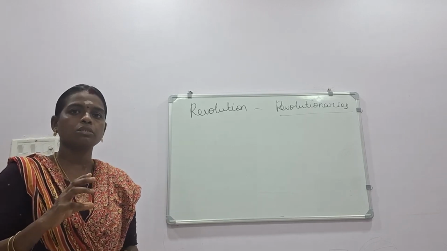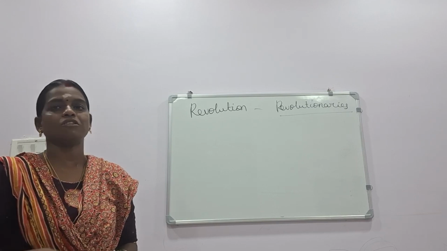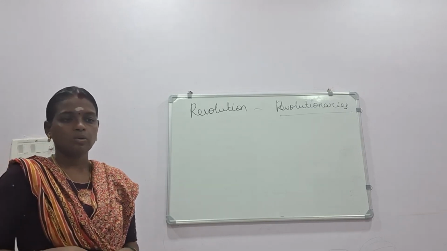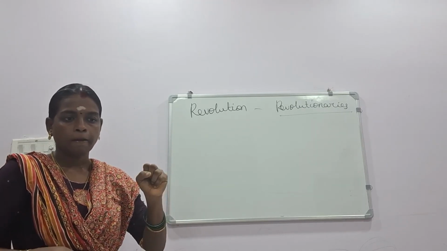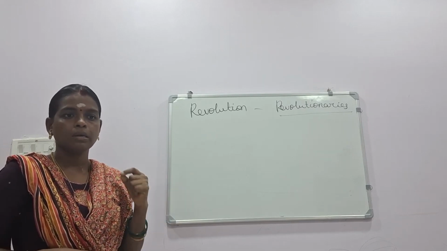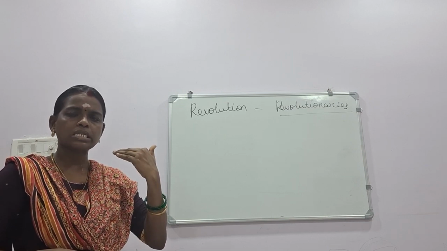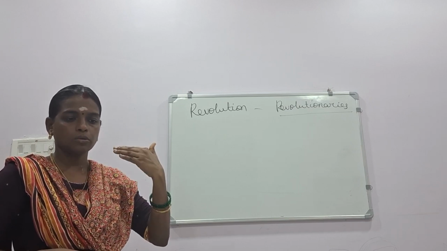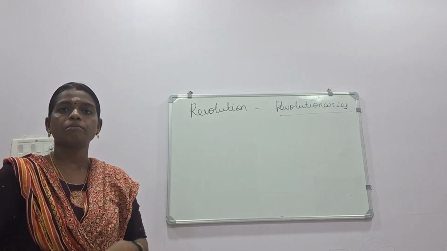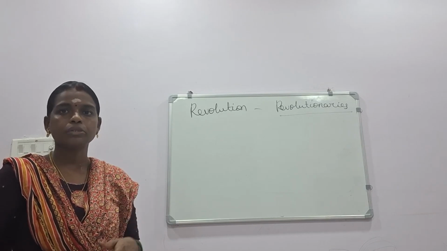When this condition was prevalent in European countries, they wanted to get everything by doing revolution. I already told you many harsh rules were implemented by the conservative people to stop the revolution, or to stop the information published by the media.